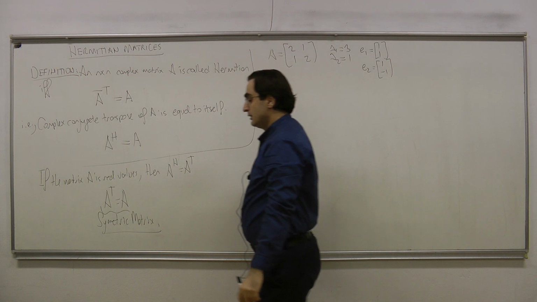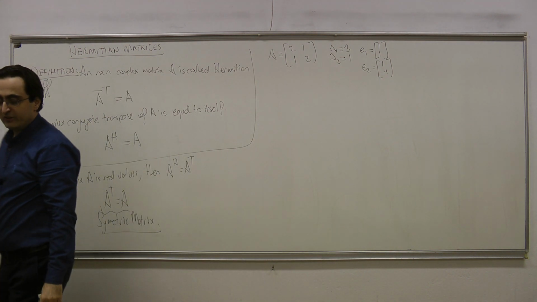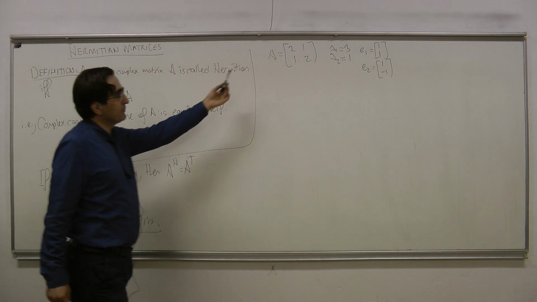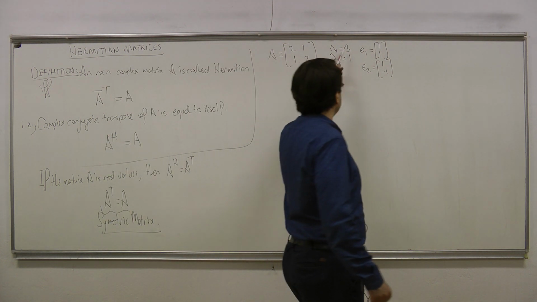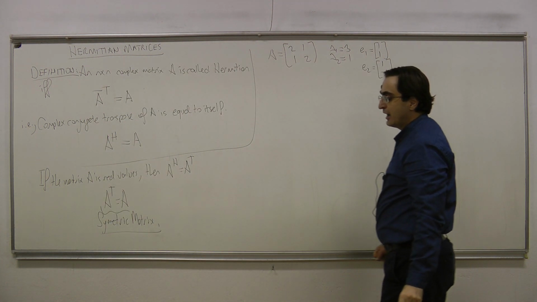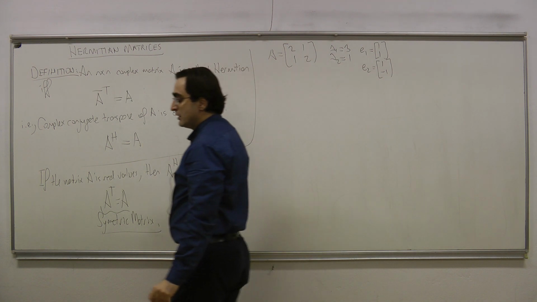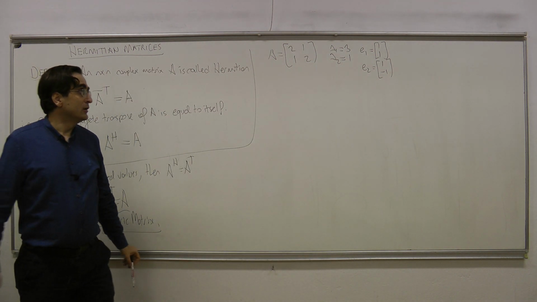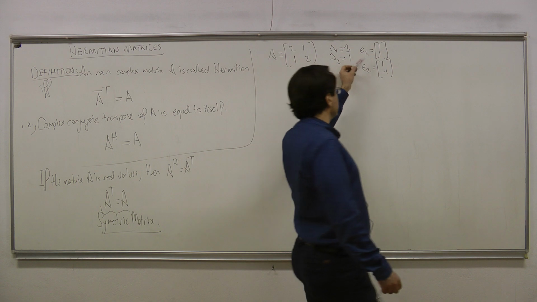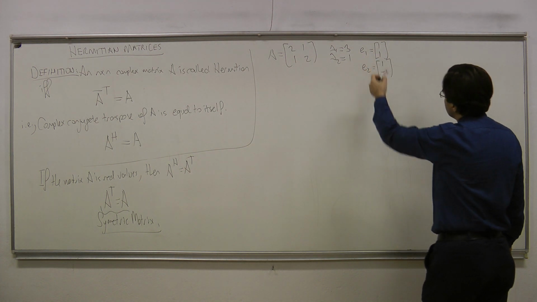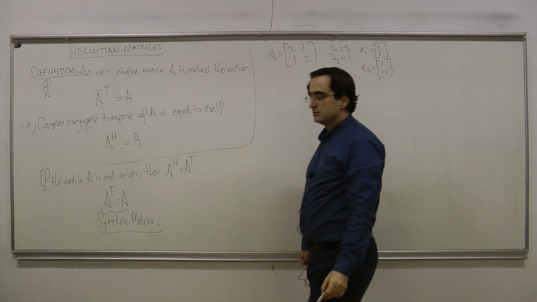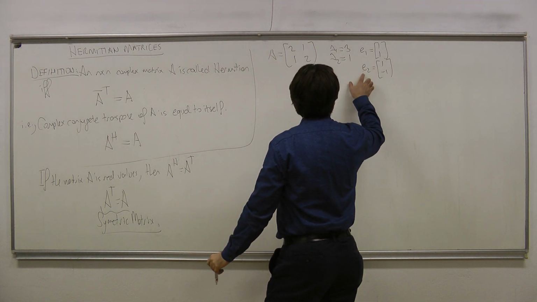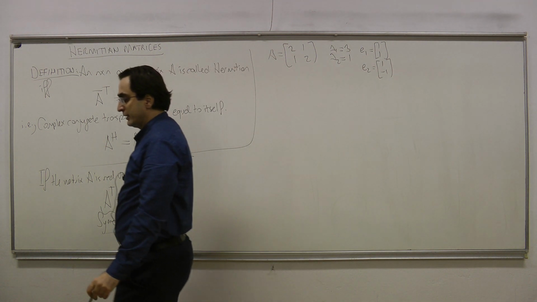In this case, we see that this Hermitian matrix had real eigenvalues. So it didn't have any complex eigenvalues. And furthermore, we had eigenvectors, and these eigenvectors were orthogonal to each other. Okay? So the inner product of E1 and E2 would be 0 here.